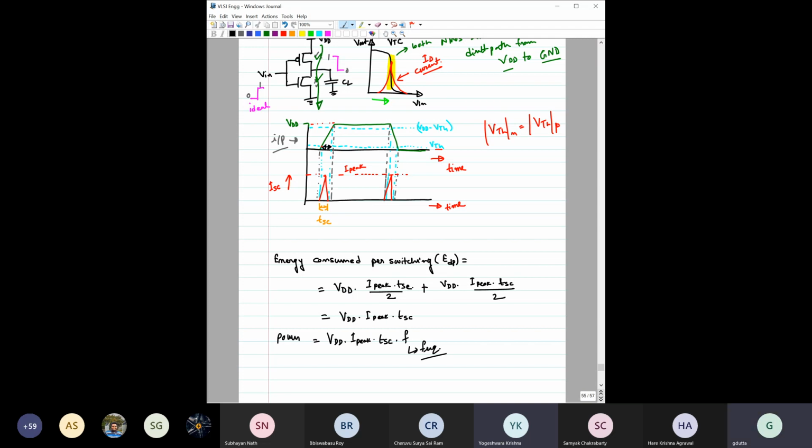Shubhayan, is that clear? Yes, sir. I just wanted to know the full form of SC. We can define TSC like that: the time when both the PMOS and NMOS are on simultaneously. Sir, you actually said short circuit for that.